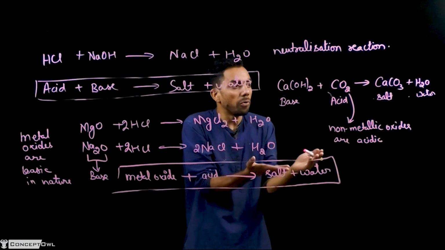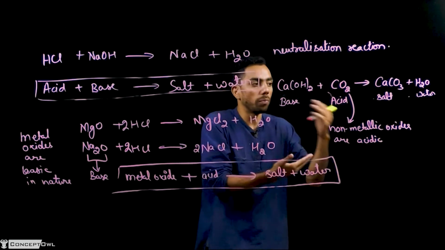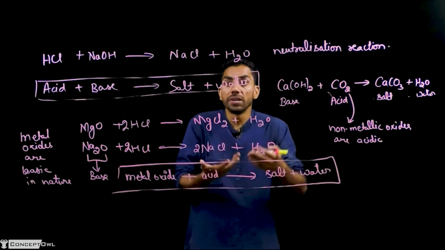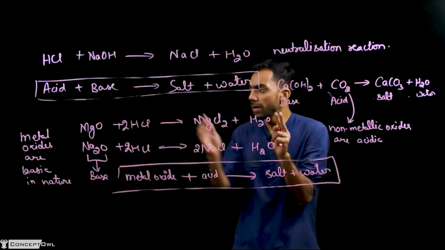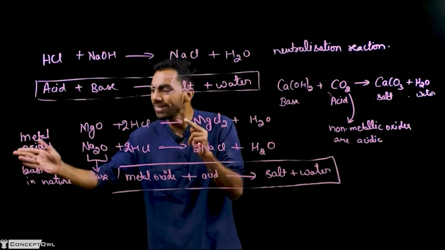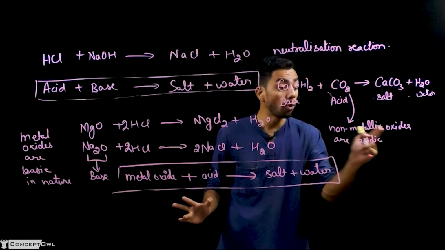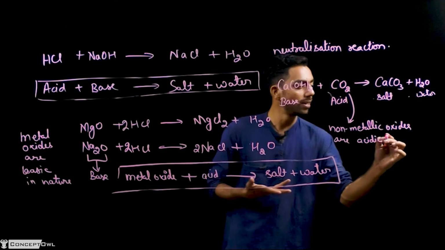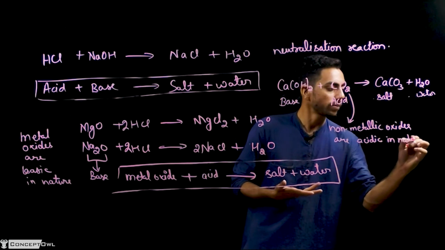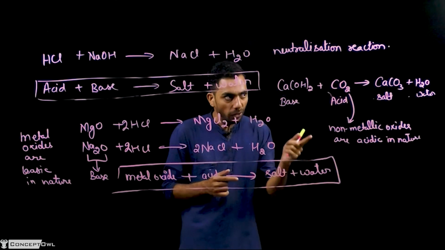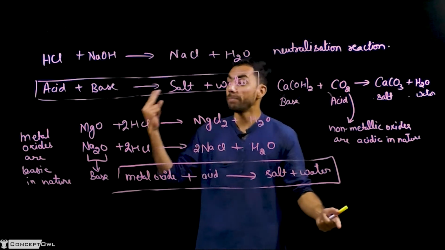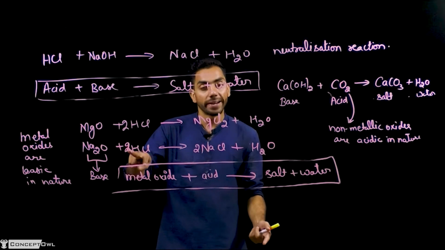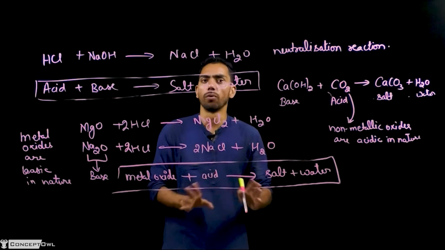You will study metallic oxides and non-metallic oxides in more detail in the next chapter, so don't worry. Just remember two things. Metal oxides are basic in nature, and non-metallic oxides are acidic in nature. So if non-metallic oxides react with base, they will form salt plus water, and if metallic oxides react with acid, they will form salt plus water. Simple.